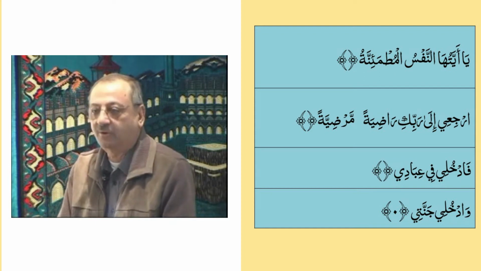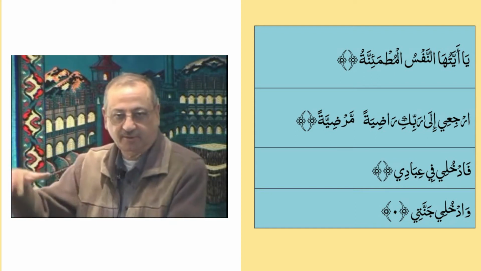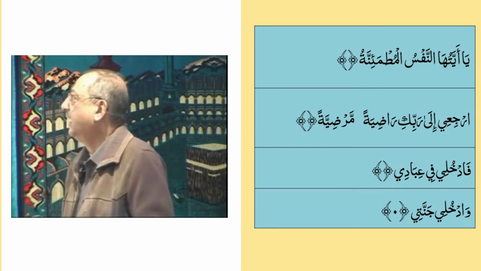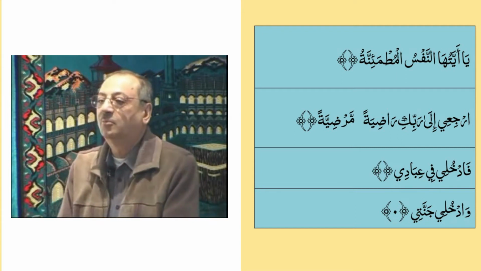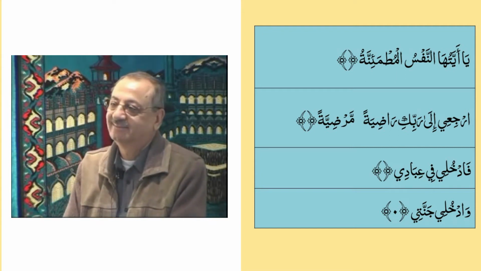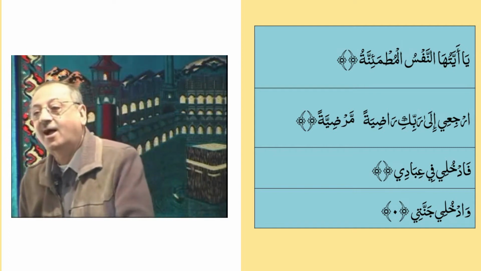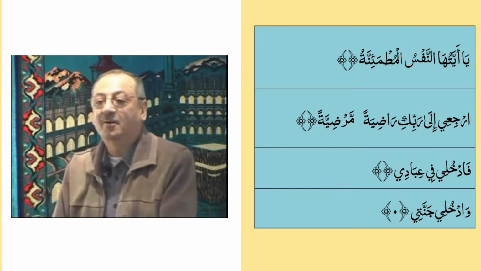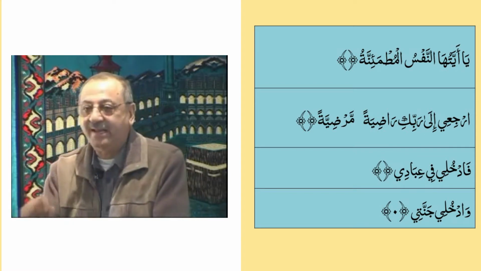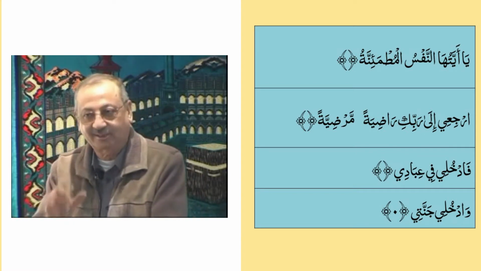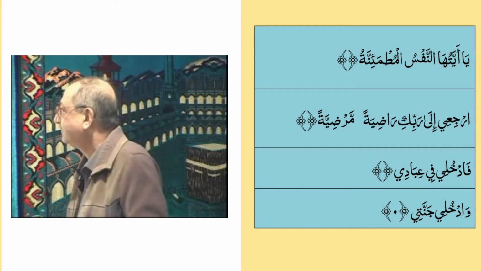I'm just telling you on top of it. And an-nafsu mutma'innatu, naat for nafsu. That is very simple. We are going to learn how this mutma'innatu was constructed later on.